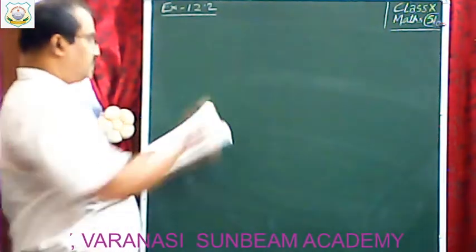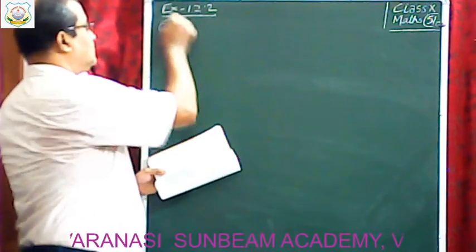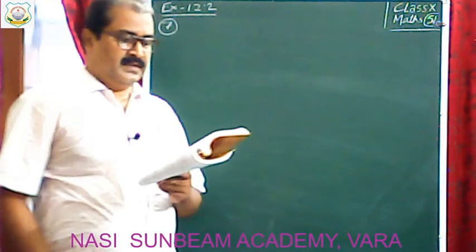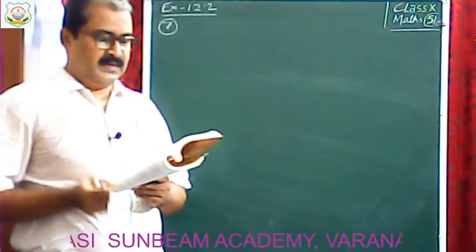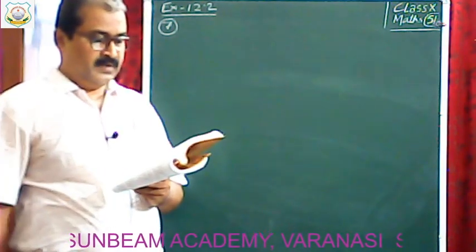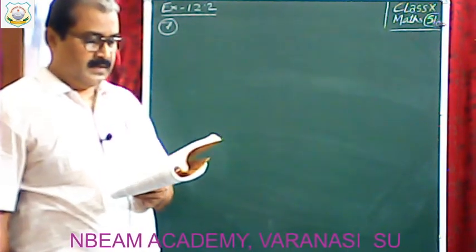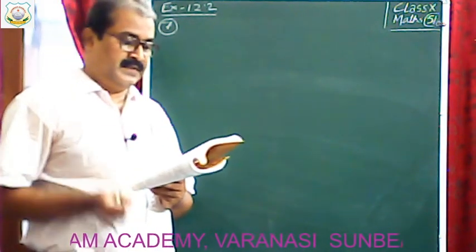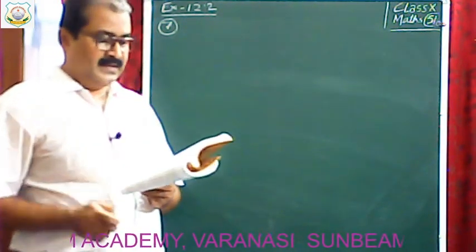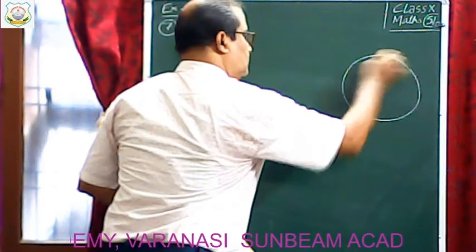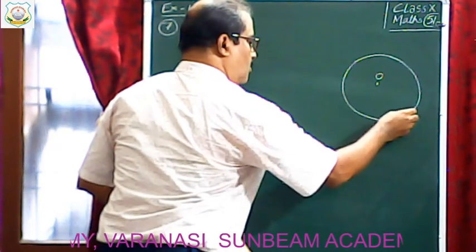Question number 7. A chord of a circle of radius 12 centimeters subtends an angle 120 degree at the center. Find the area of the corresponding segment of the circle. Draw the figure. Chord.